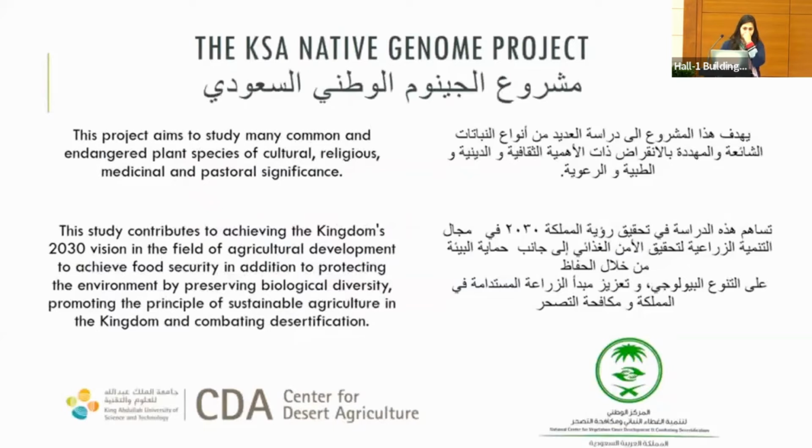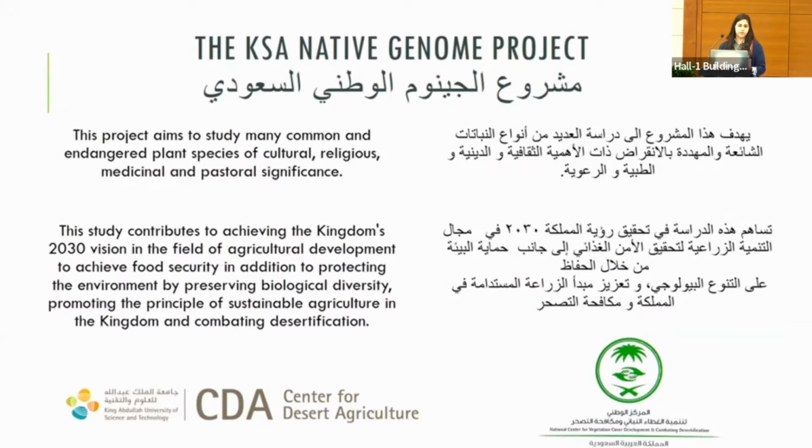So the Native Genome Project is a collaboration between the CDA, the Center for Desert Agriculture at KAUST, and the National Center for Vegetation Cover Development and Combating Desertification in MEWA. It basically aims to study many common and endangered plant species that are significantly important for their use.